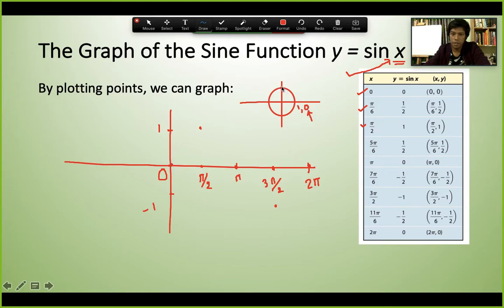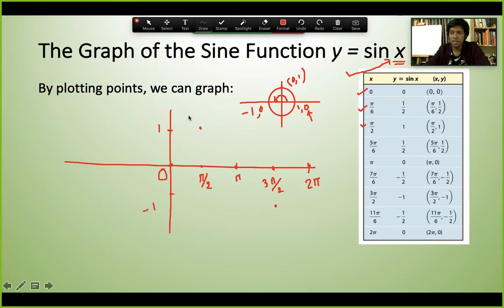This is the 90 degree point, 0 comma 1, and the sine value is 1. This point is minus 1 comma 0. This is 180 degree, because we start counting from here, so sine 180 degree is 0.